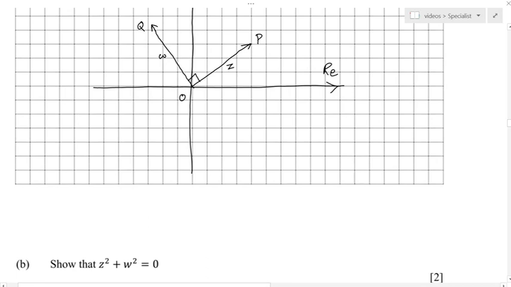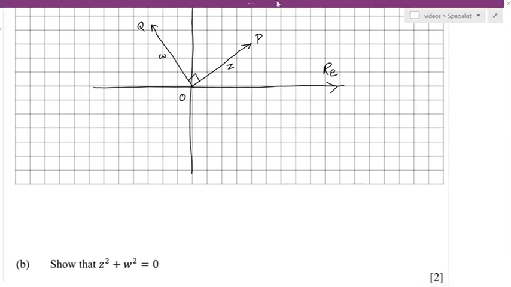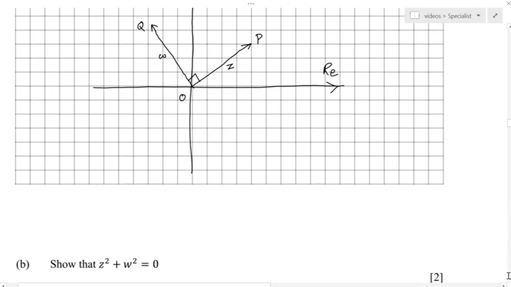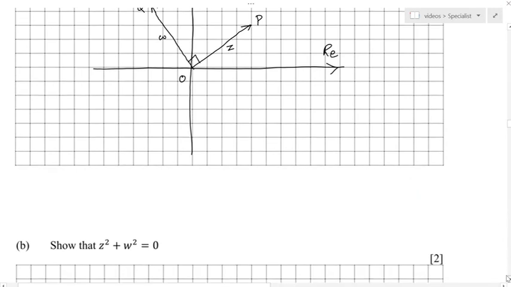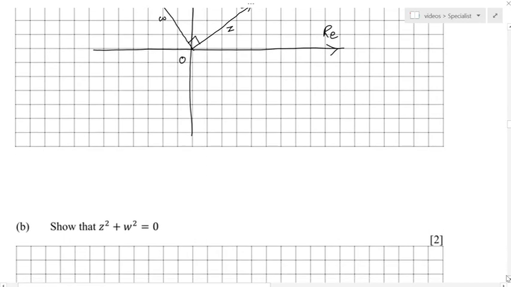And here you don't have Z and W, so in such cases you just assume them so that you can start.